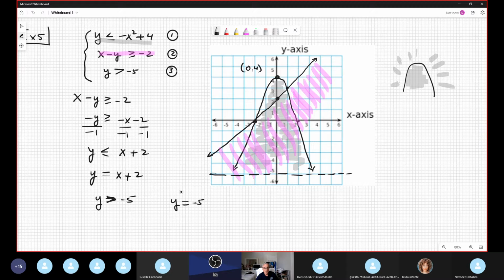But it's greater than, so you highlight. Let me use another color, maybe green, to emphasize. This part is above this. Include this, of course.